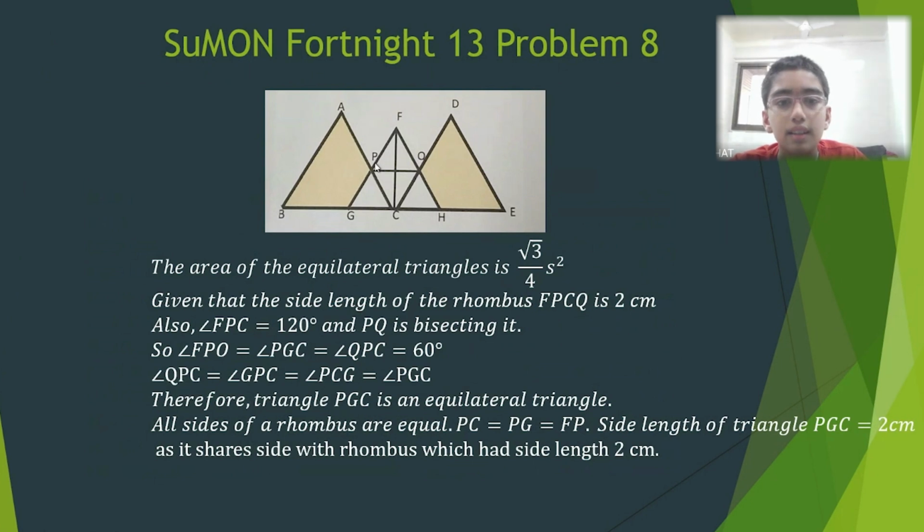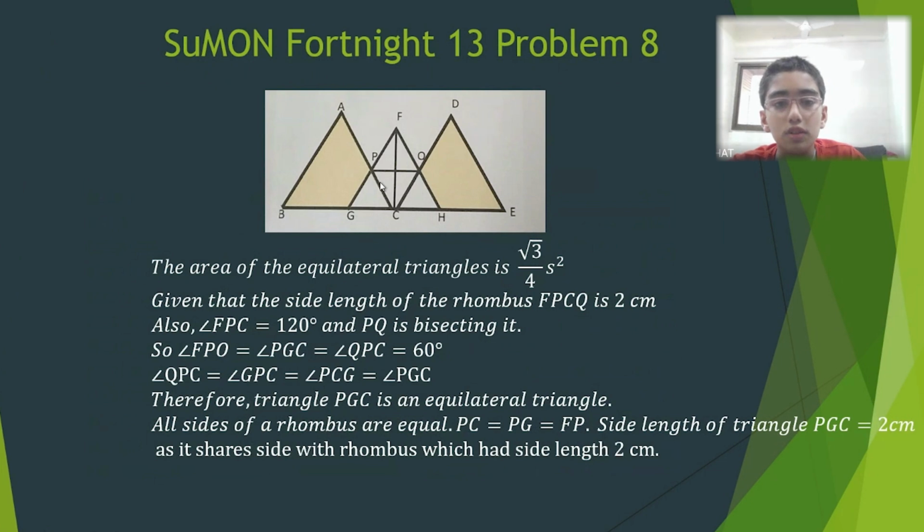As you can see, line PQ is the angle bisector of angle FPC. Therefore, angle FPQ will be equal to 60 degrees and similarly, angle QPC will be 60 degrees.